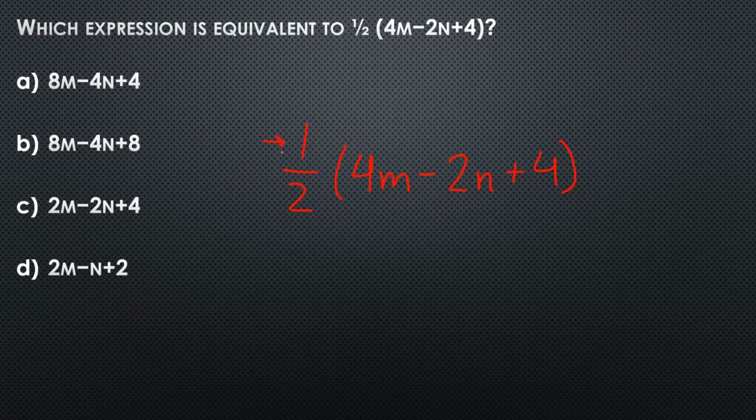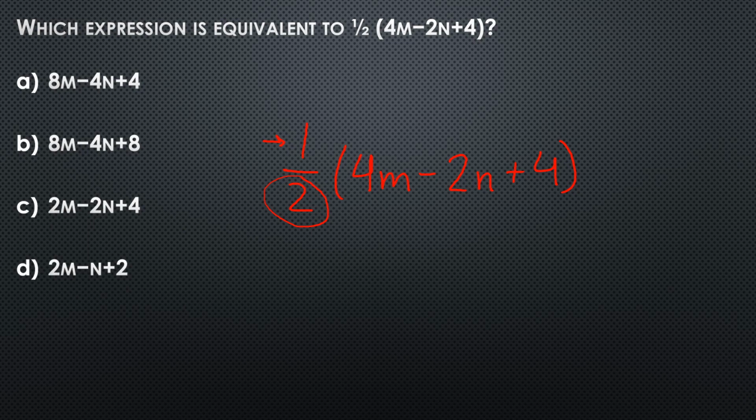Essentially, all that you're doing is dividing everything else by my denominator. My denominator here is 2, which means I am going to divide every single term that I have here by 2.